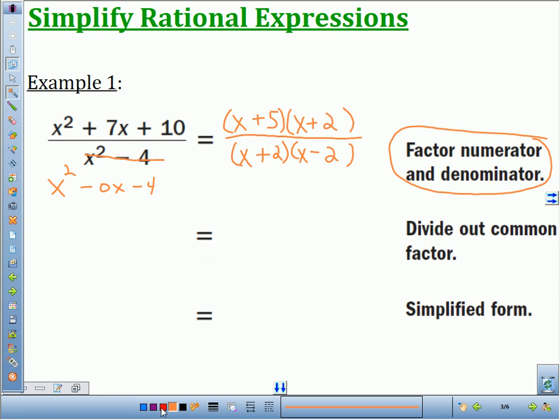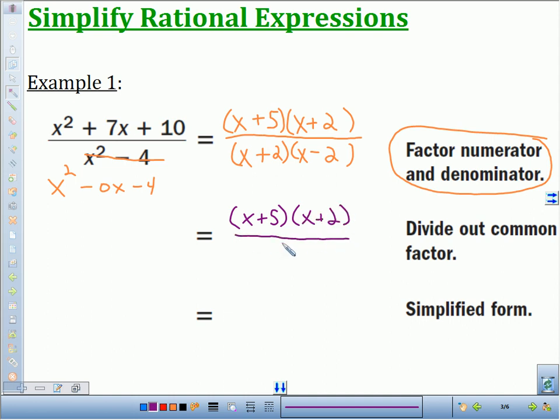Now, I want to rewrite this to make it look a little nicer before I divide out a common factor. So let's rewrite this: x plus 5 times x plus 2. I'll leave that the same. But on the bottom, just to make it more straightforward, x minus 2, x plus 2. I just swapped those around. You don't have to do this step; the moving around step is optional.